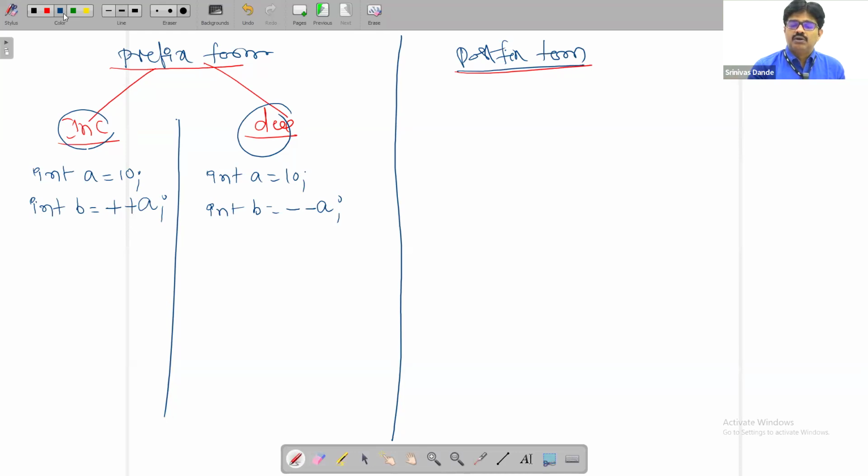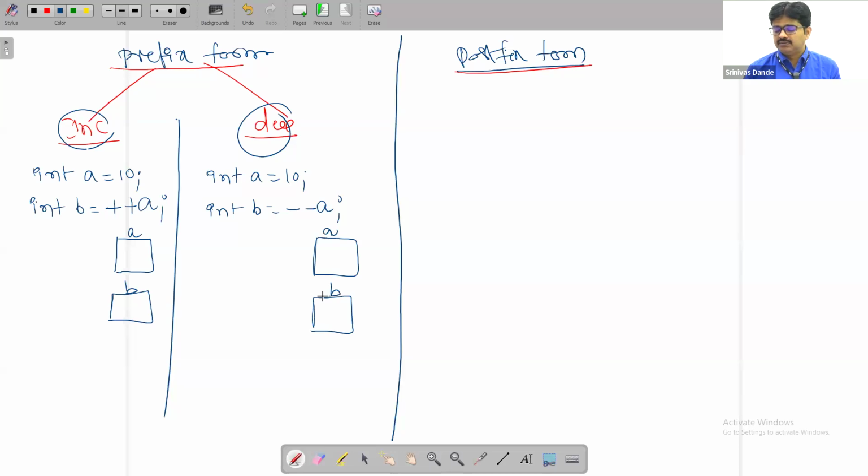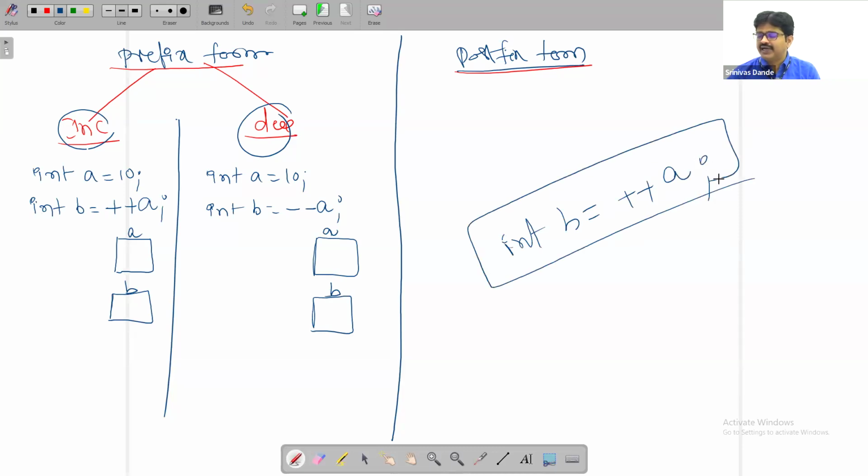Now, we have to find out what is the a value and what is the b value, correct? We'll do that. You tell me, int b equals plus plus a. In this statement, which is a Java statement ending with a semicolon, how many operators are there?